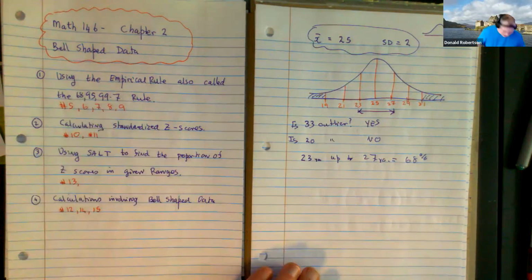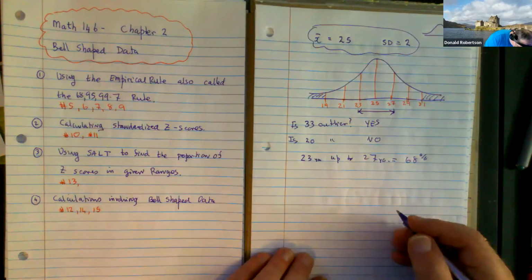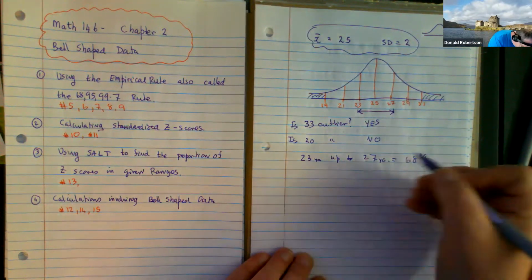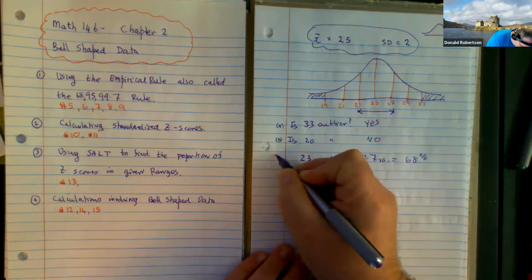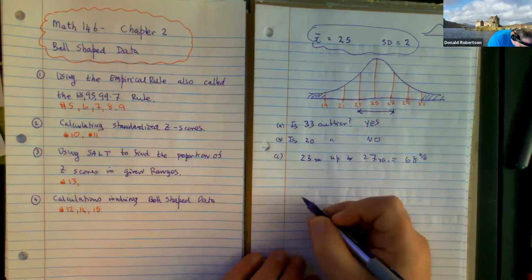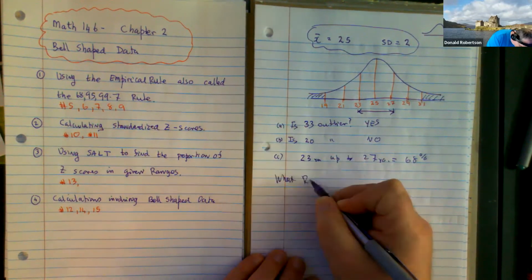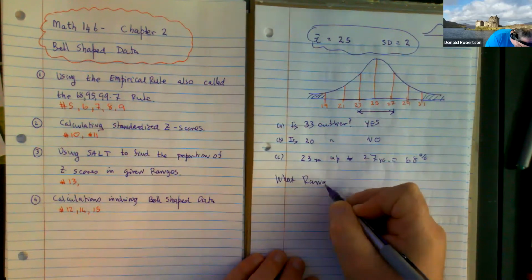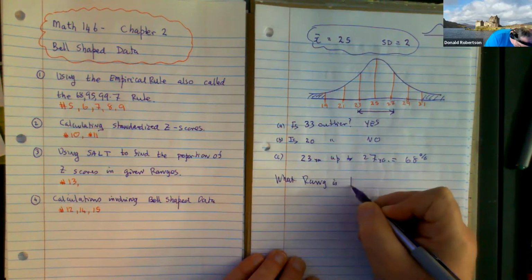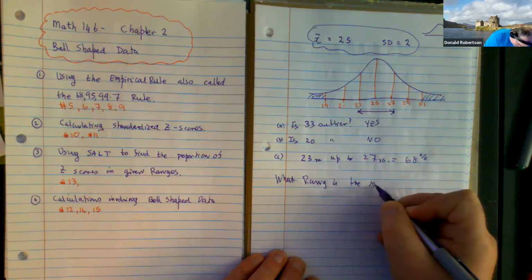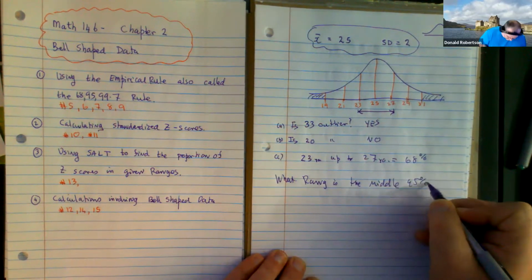Right? I could, for instance, say to you, if I wanted to phrase the question kind of in a different way, I could say to you, what range is the middle 95% of all ages?